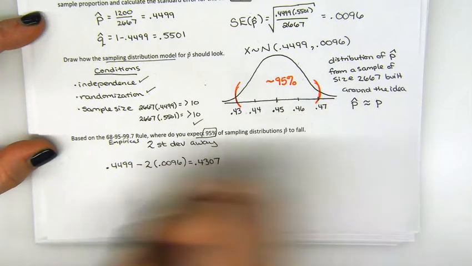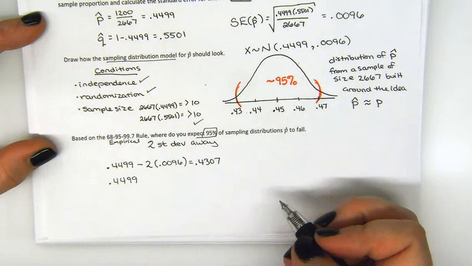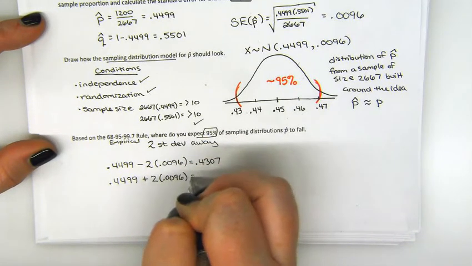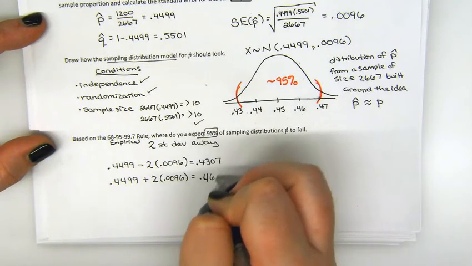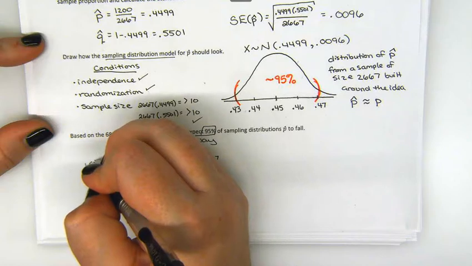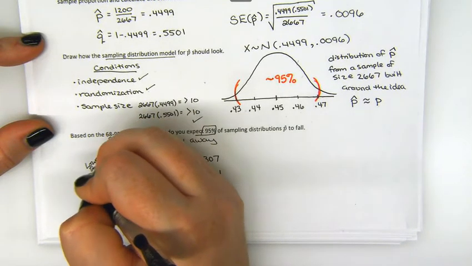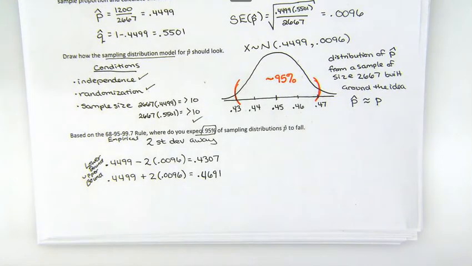And then for the upper bound, taking our value of 0.4499 and adding 2 of those standard errors, that would come out to be a 0.4691. So we end up with this interval of values, a lower bound and an upper bound for 95% of our samples that should be coming out based on this expected value of about 0.45.